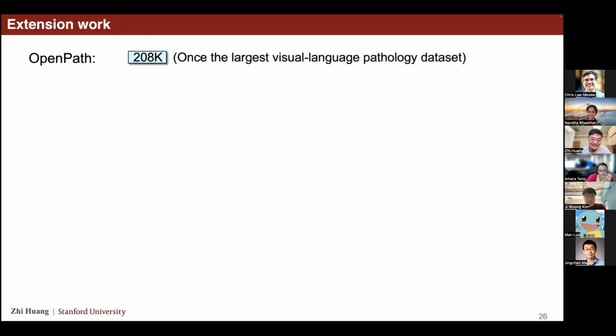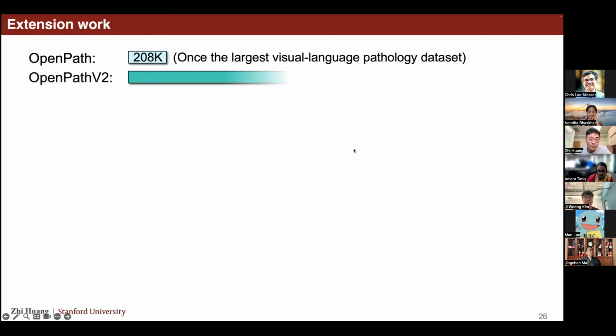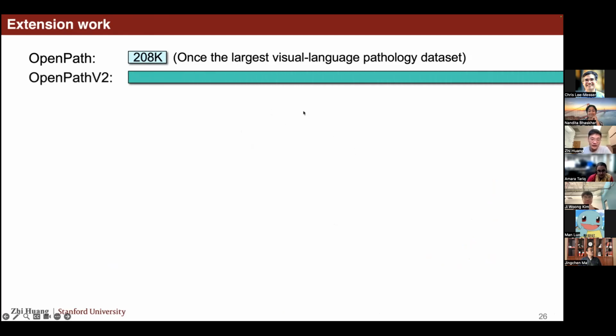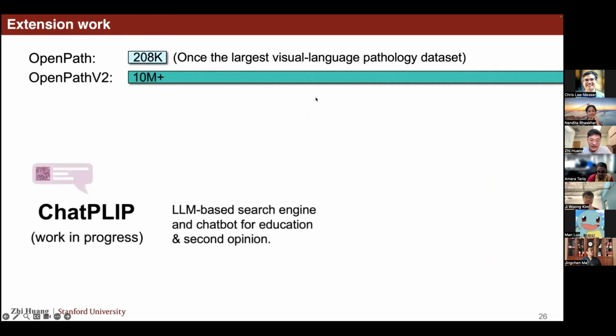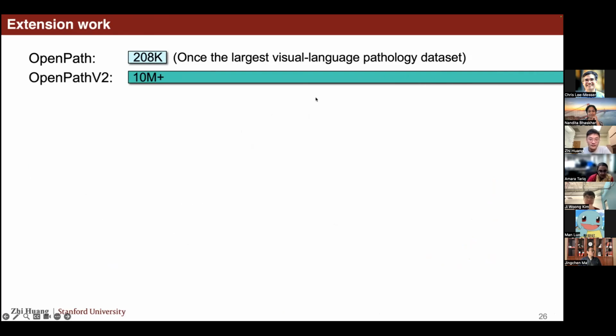So what's next? We have presented the PLIP model trained on OpenPath, the largest visual language pathology dataset. But this field is moving too fast, and it's not going to be the largest anymore. So now we're curating an even larger dataset, OpenPath v2, with over 10 million data containing H&E images, IHC images, and other types of pathology images, always with detailed natural language descriptions.